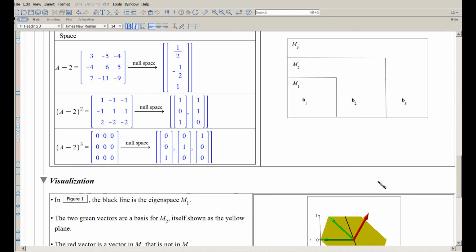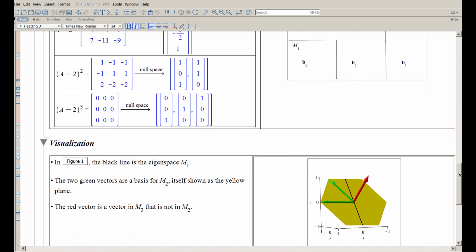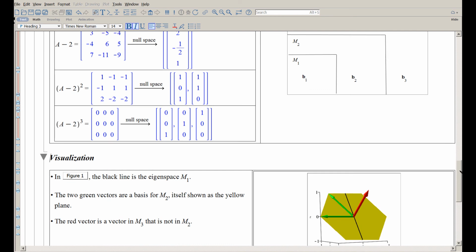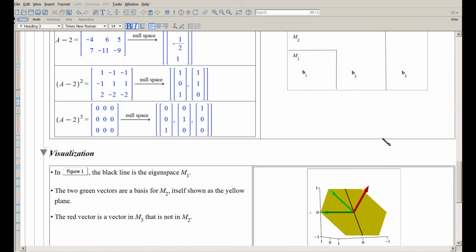Time for another picture. What does this look like? This line is the direction of the basis for M1.